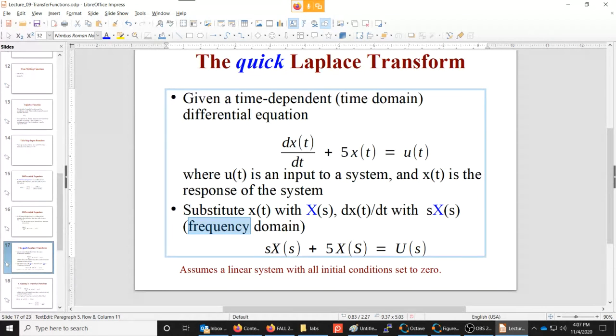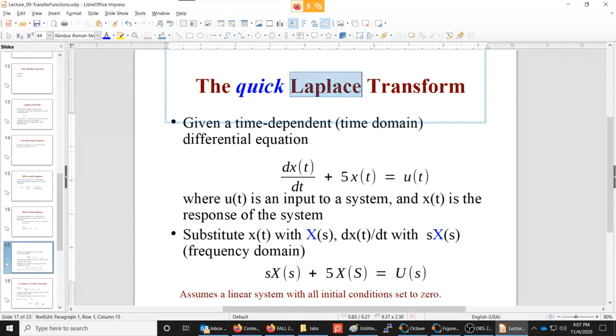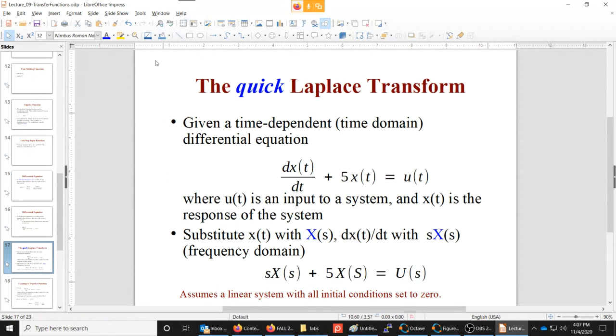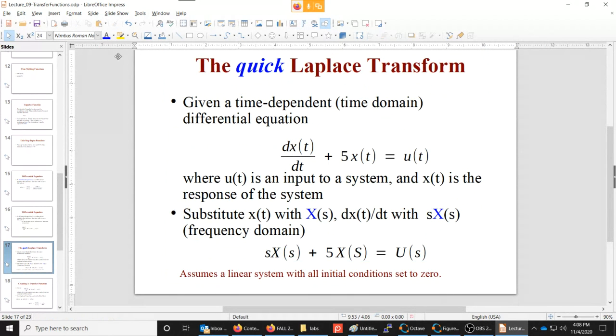All right, and so Laplace was a French mathematician back in, I forget, the 1700s or 1800s, and he came up with this technique to solve differential equations. In general, this assumes that it's a linear system.